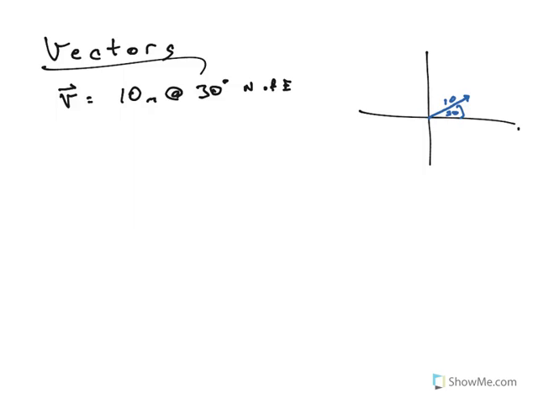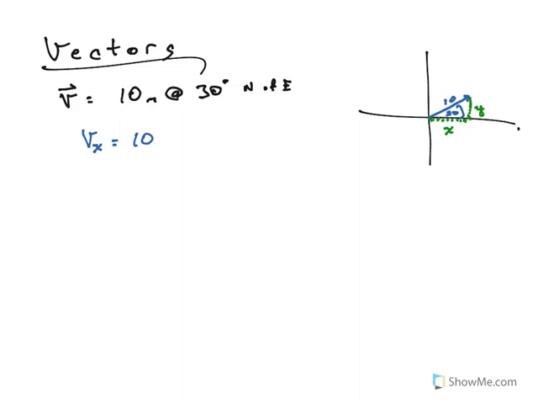So let's try it. We remember, given a vector, if we want to find the components, we pretend like there's a little right triangle sitting here, the x side and the y side, and we use SOHCAHTOA to help us figure out what to do. So in this case, if I want the x component of v, I take the magnitude, which is 10, and I'm either going to use cosine or sine.